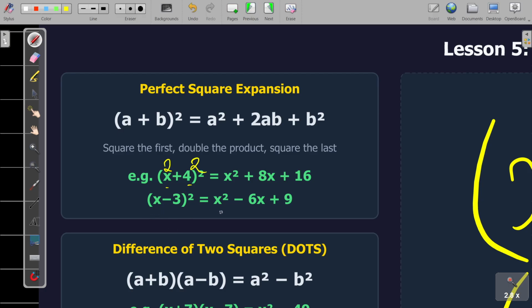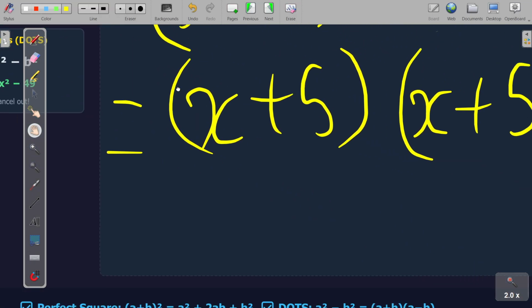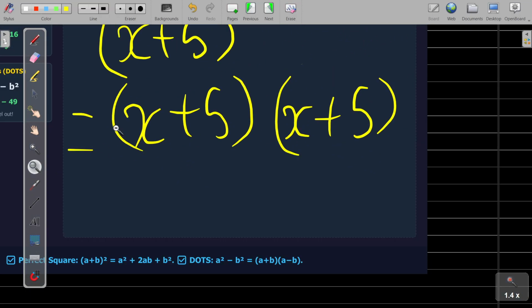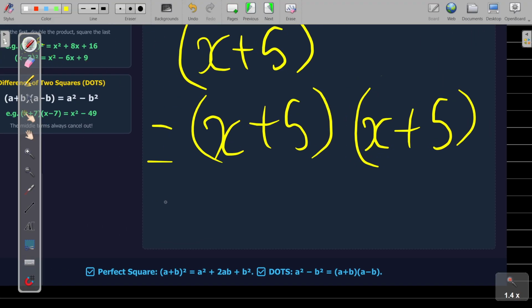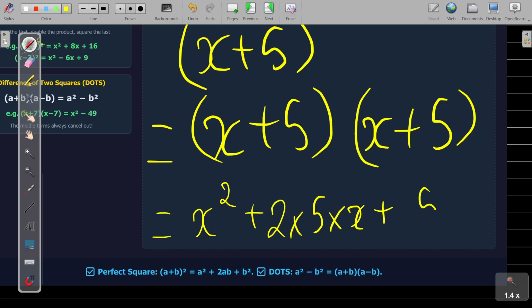Same for this as well. We square the first, square the last, so x squared, 9, which is 3 squared, and then we multiply 2 by negative 3 and x, so we are doubling the product here. So if we actually were to write this according to the rule, we would have x squared plus, we need to double the product, so this will be 2 multiplied by 5 multiplied by x, and then 5 squared.